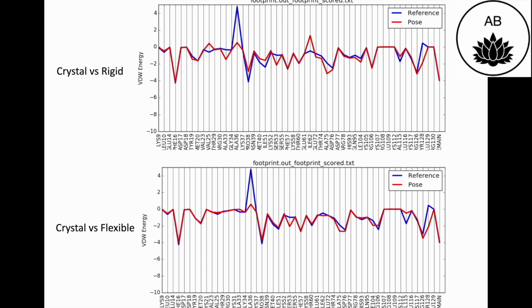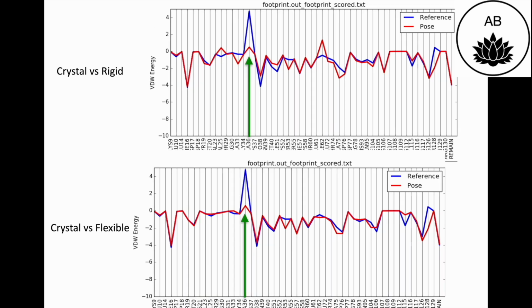Now, if you notice the footprint plot of the docked complexes, you would see that both in the case of the rigid docked pose and the flexible docked pose, when they're matched with the crystal structure energies, there's a sharp difference at ALA 36. So this is what I'm talking about, the green arrow. ALA 36 shows a very sharp difference.